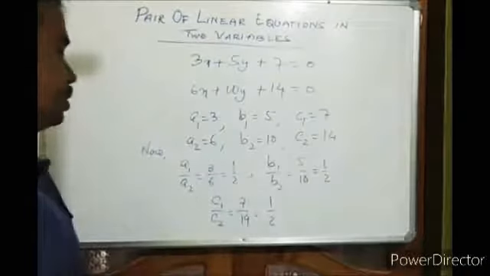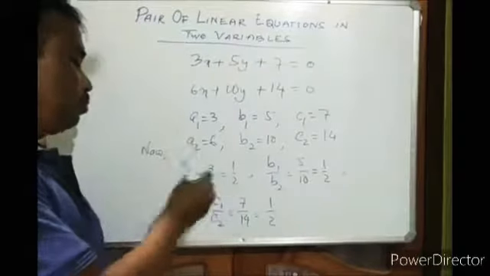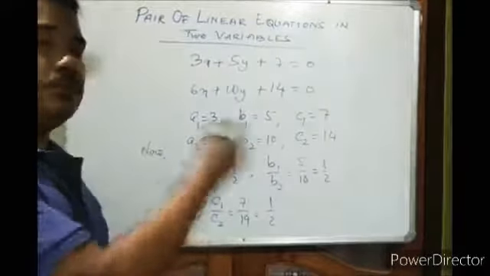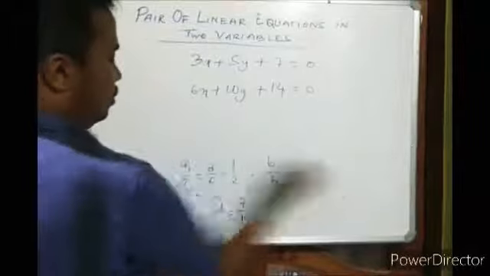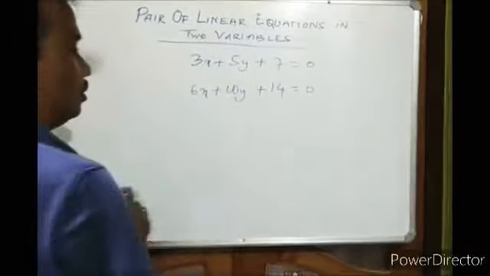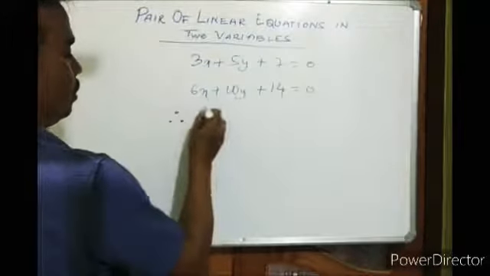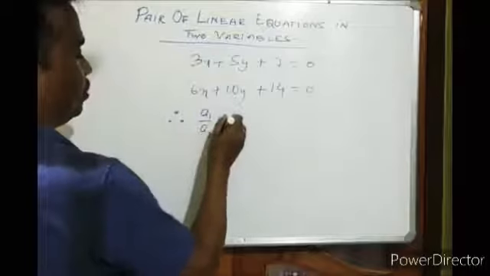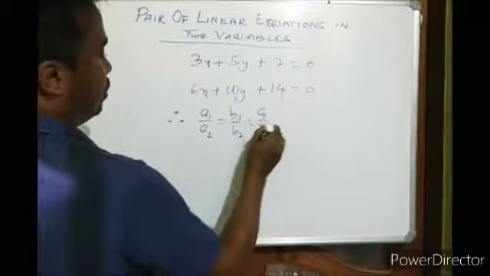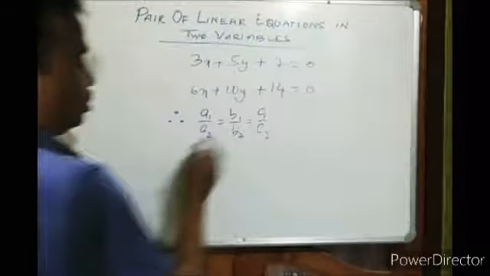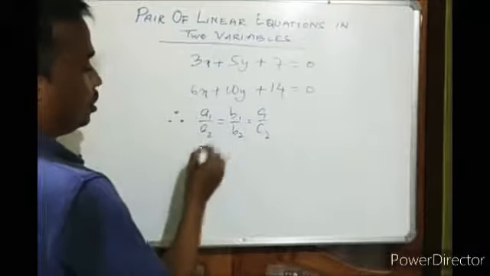So in all the cases they are equal to half. Therefore A1 by A2 is equal to B1 by B2 is equal to C1 by C2. So the system of equations has infinitely many solutions and it is consistent.